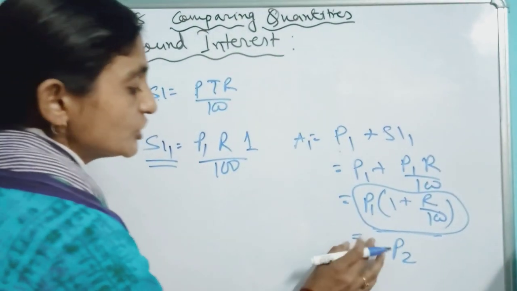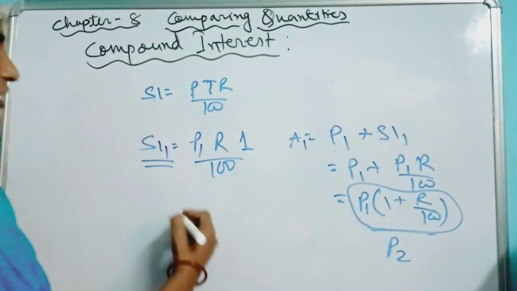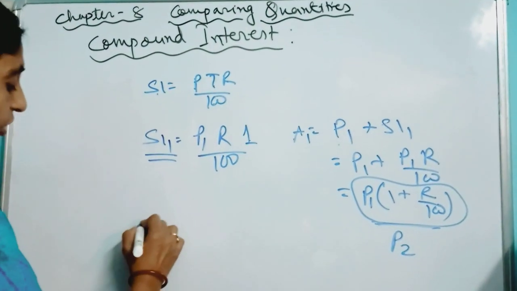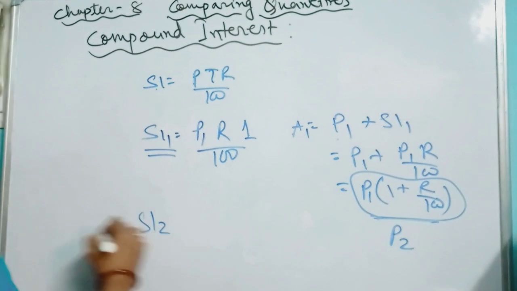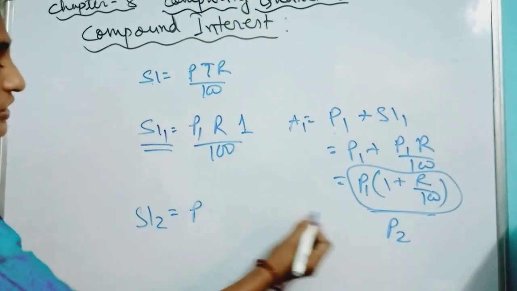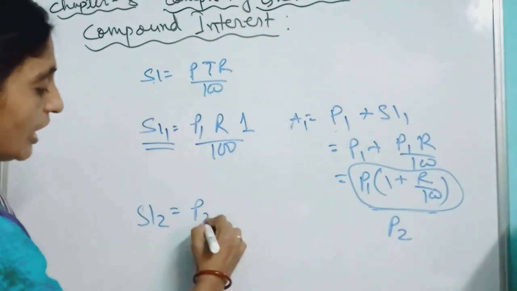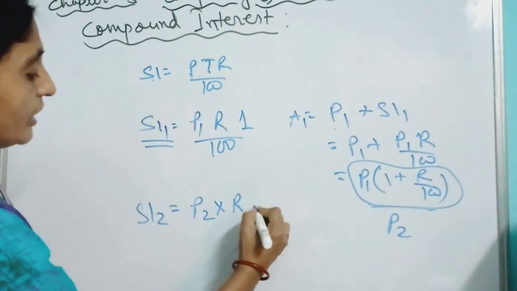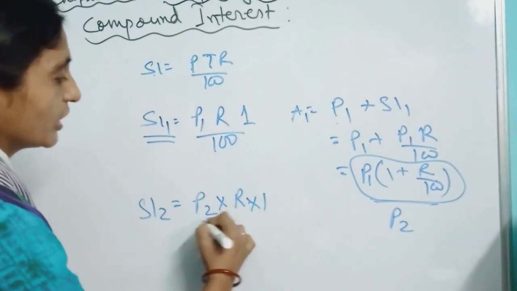Now if it is P2, what will be the interest after completing the second year? I take the interest for the second year with that principal P2 and rate R, again kept for 1 year.